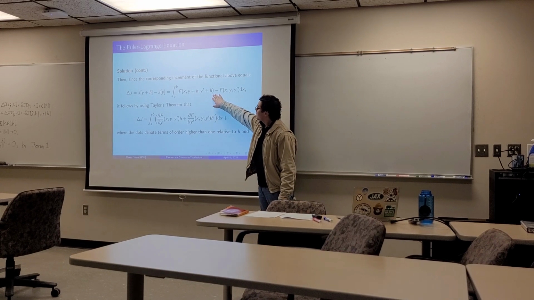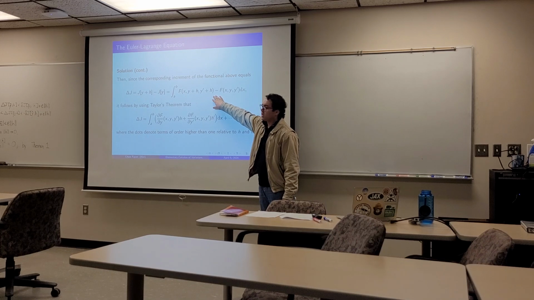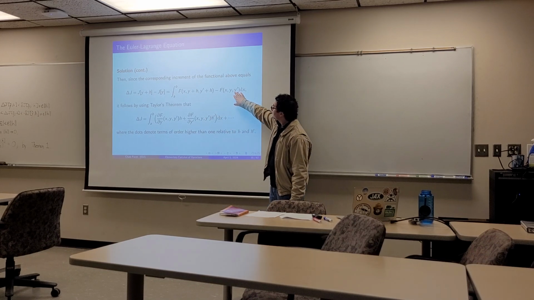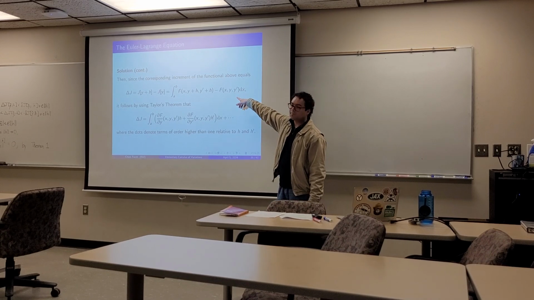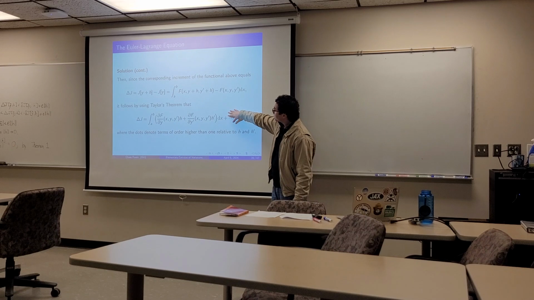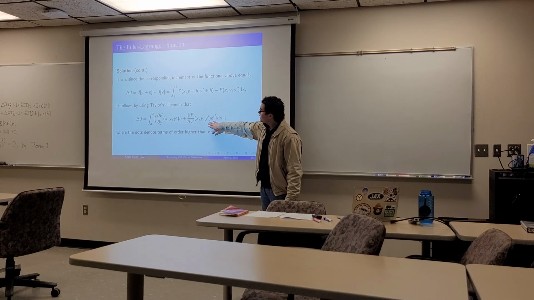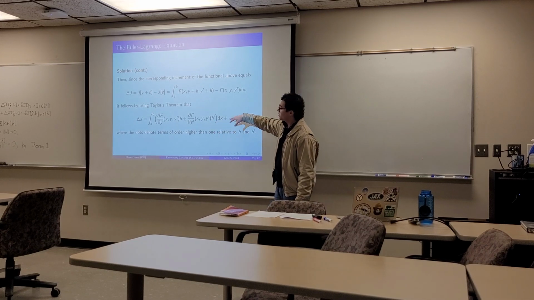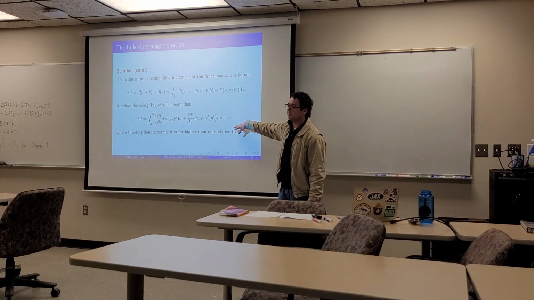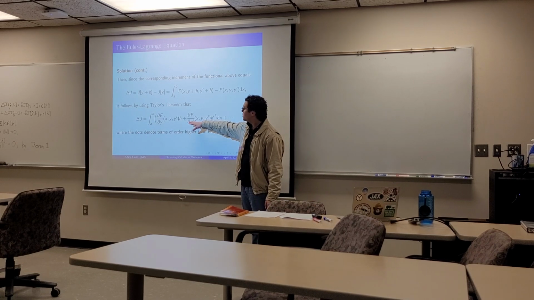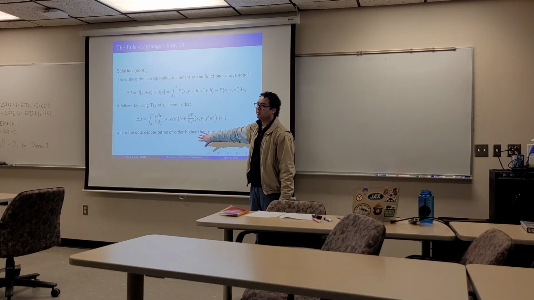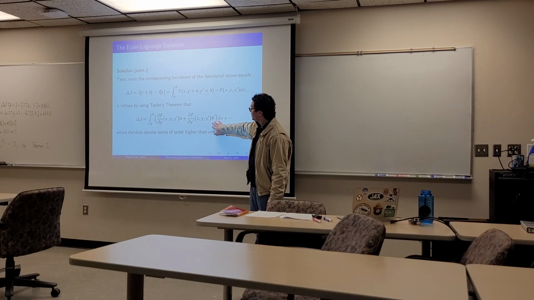And we take this first part and use its Taylor expansion around y. We find that the first term of the Taylor expansion, f of x, y, y prime, cancels out. So we have this first linear term plus some higher order parts of the Taylor series: the partial of f with respect to y times h plus the partial of f with respect to y prime times h prime.